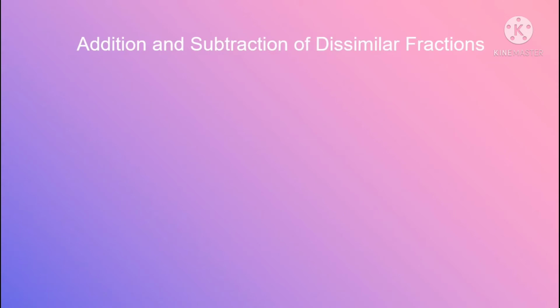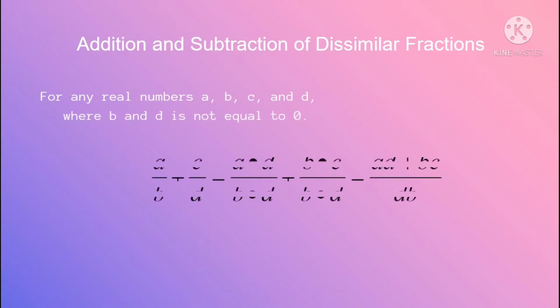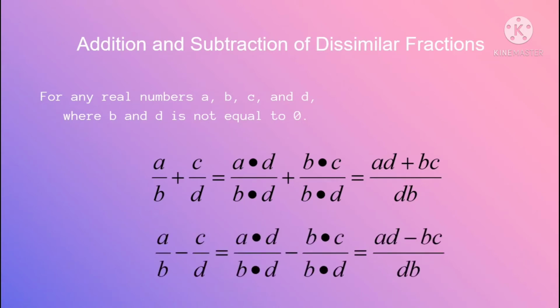So let us now proceed to addition and subtraction of dissimilar fractions. For any real numbers A, B, C, and D, where B and D are not equal to 0, A over B plus C over D is equal to A times D over B times D plus B times C over B times D, which is AD plus BC over BD.